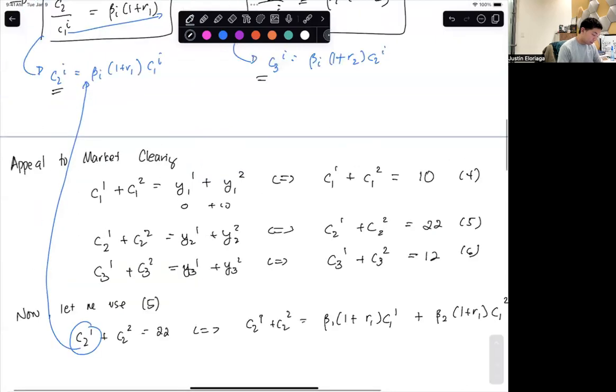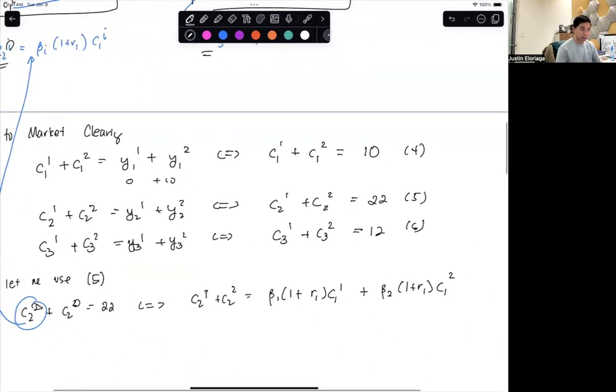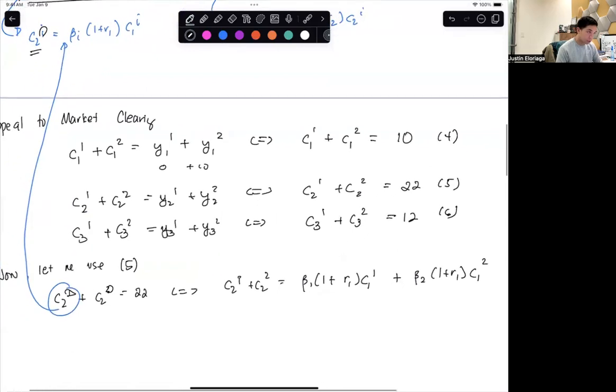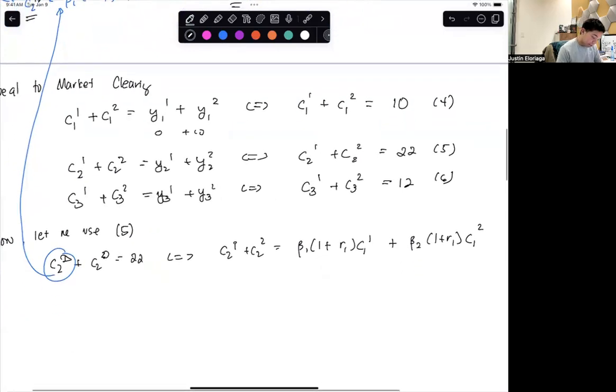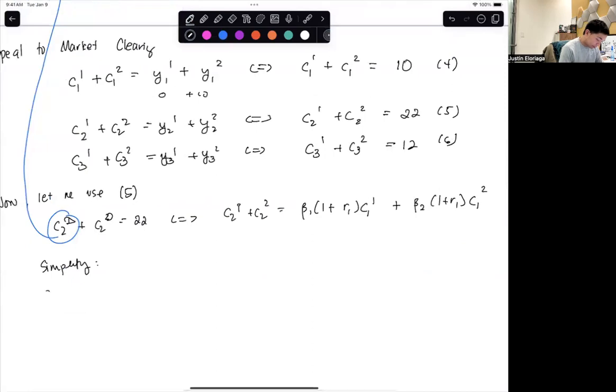Because I know that the second period consumption for each agent, just 1 and 2, this one will change, those i's will change. I can get this particular result, very straightforward. And if I simplify, I can get that basically C21 plus C22 is equal to, well, both of them have a 1 plus R1, then it's beta 1 C11 plus beta 2 C12.